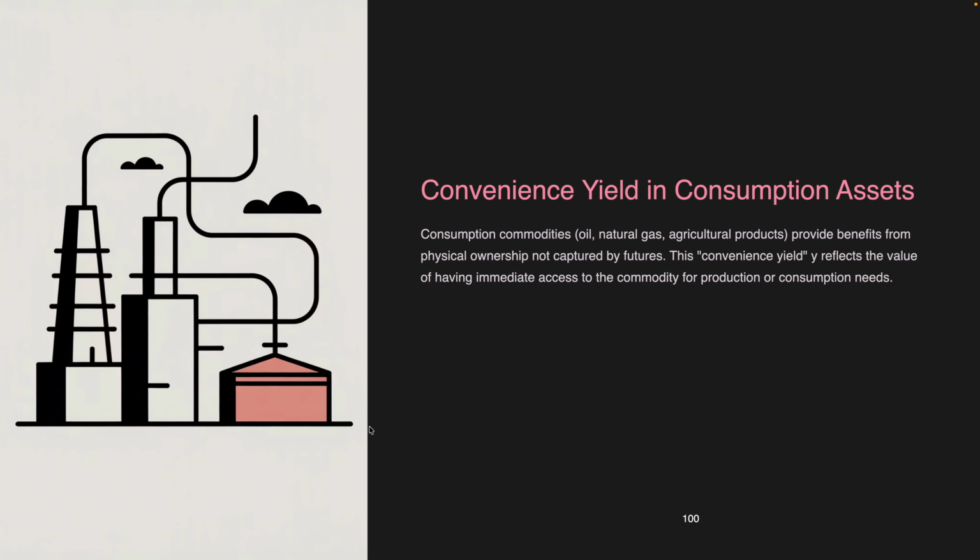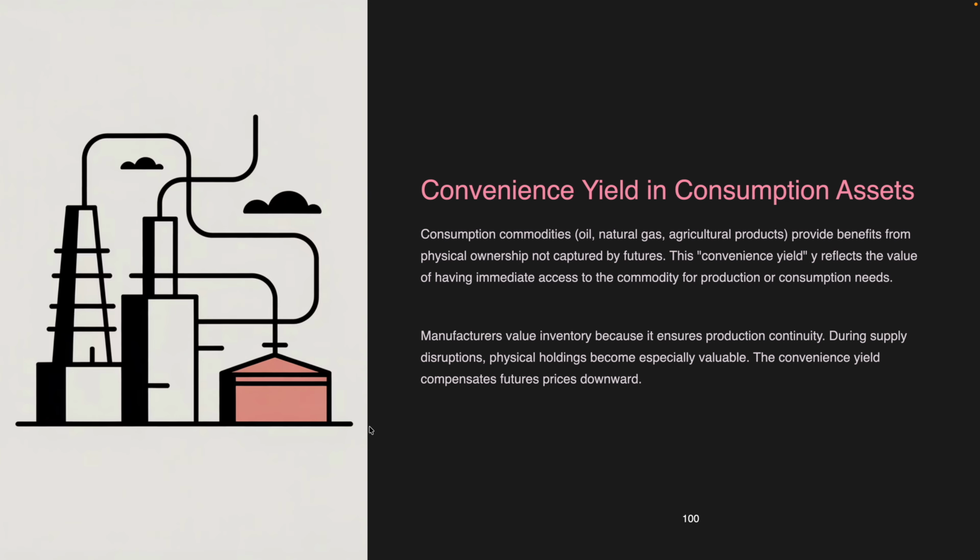The advantage of holding these raw materials in excess is known as the convenience yield, because you can get a higher price to sell them, and that capability to sell these commodities at a higher price is called the convenience yield.